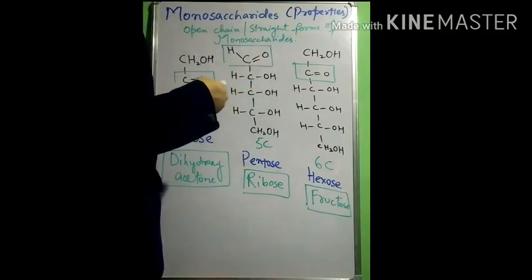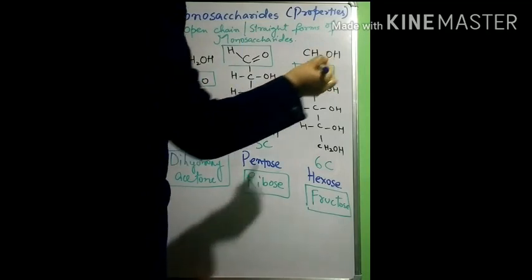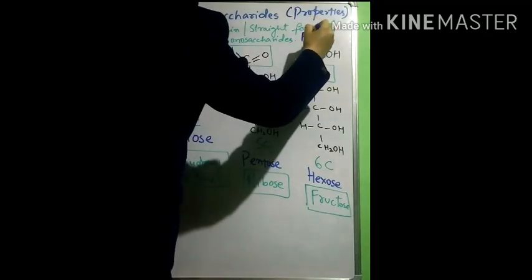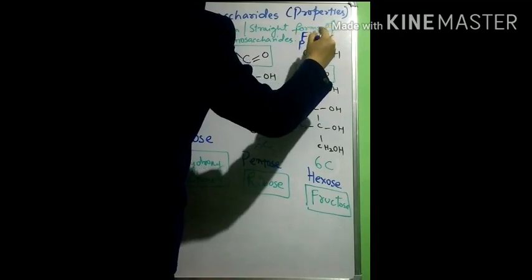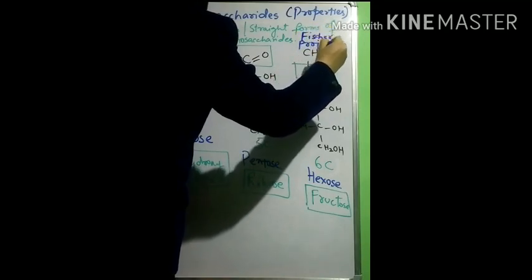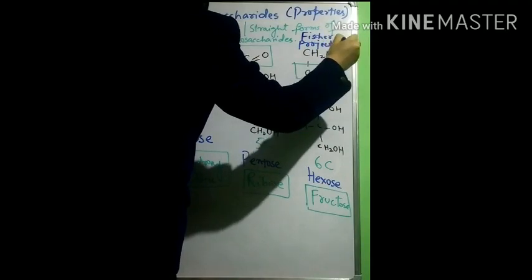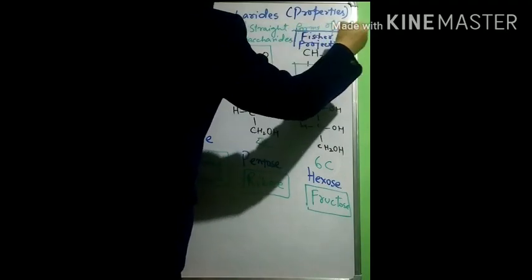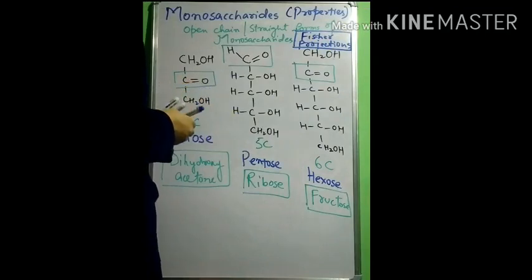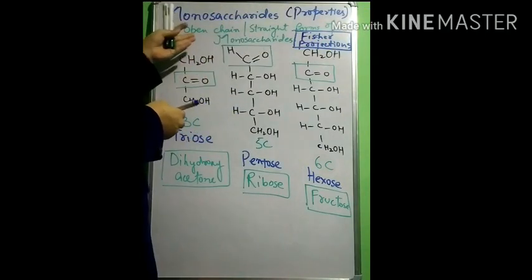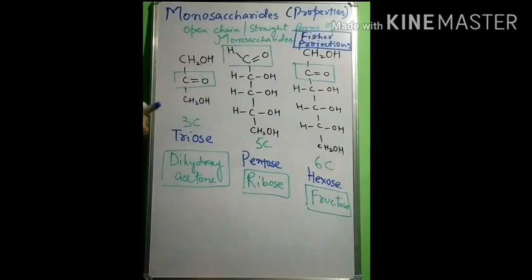Okay, my dear students, sometimes these open chain or straight forms which I have drawn right now on the board, they are also called Fischer projections. So you have different terms for the same structure. Call them Fischer projections, call them open chain forms, or call them straight forms.